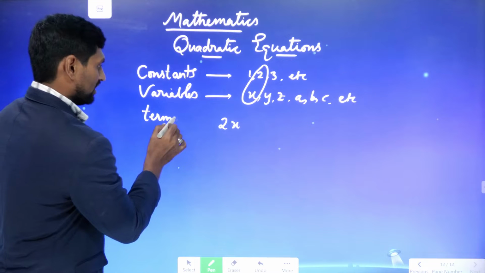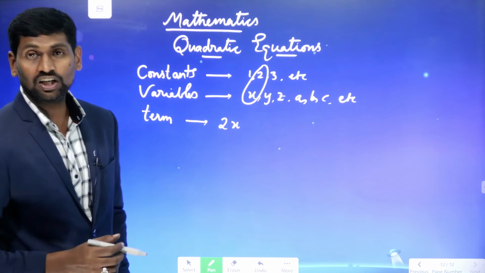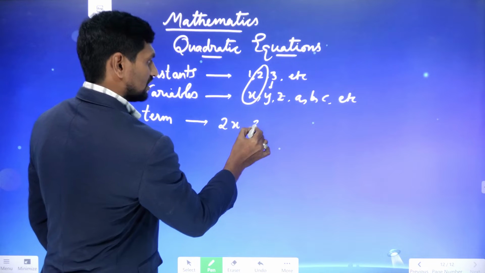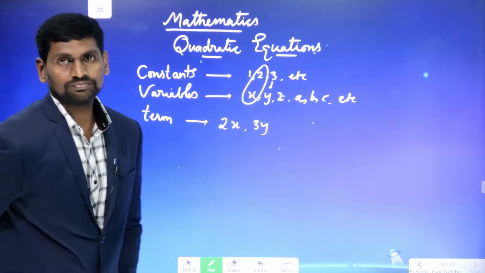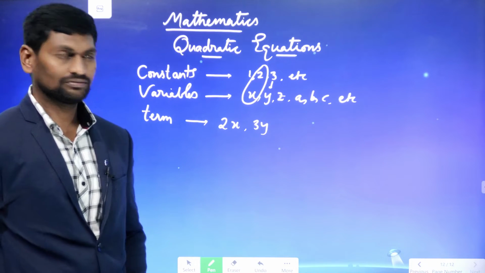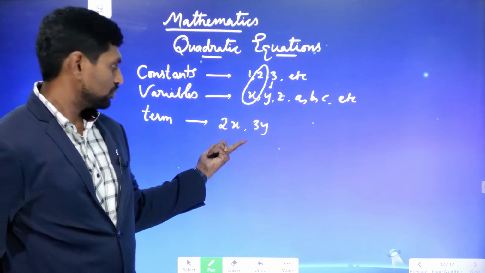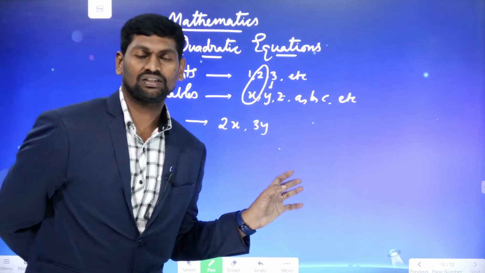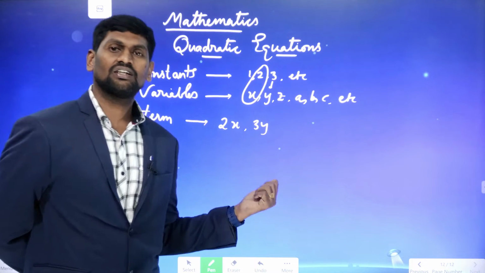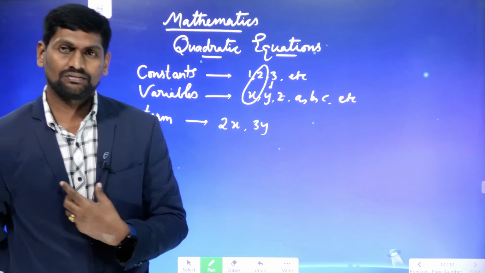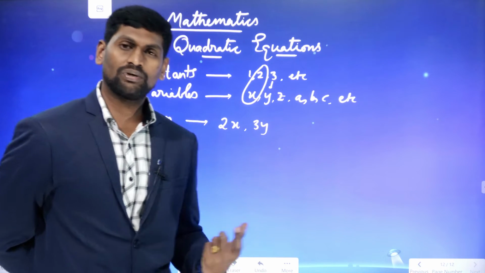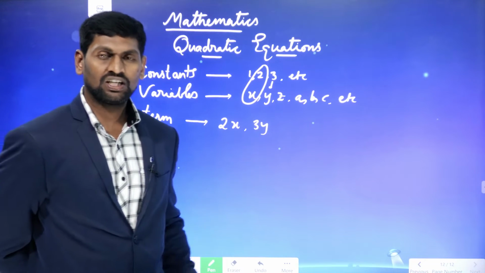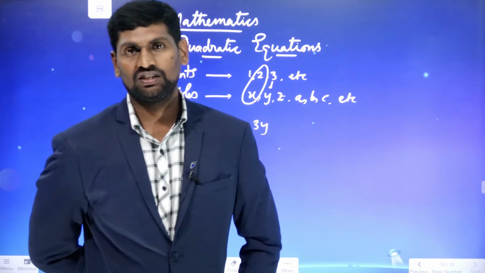Only numbers you can take, or only letters you can take, or their combination with multiplication symbols are called terms. 2x is a term, 3y is a term, only a numerical term like 3 we can take. Only x is a term. Their combinations are called terms. Algebraic term means which contains letters.